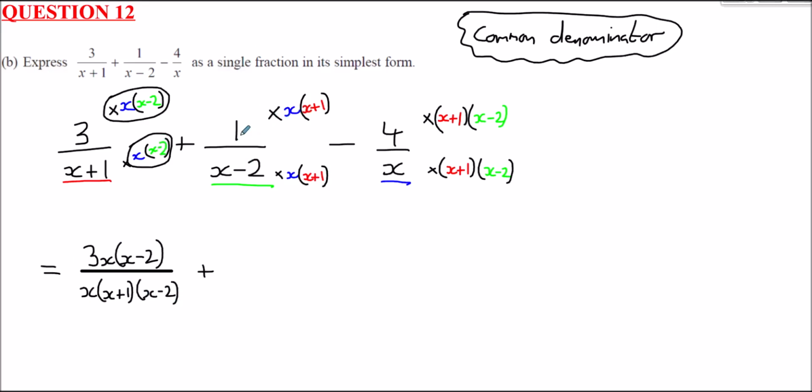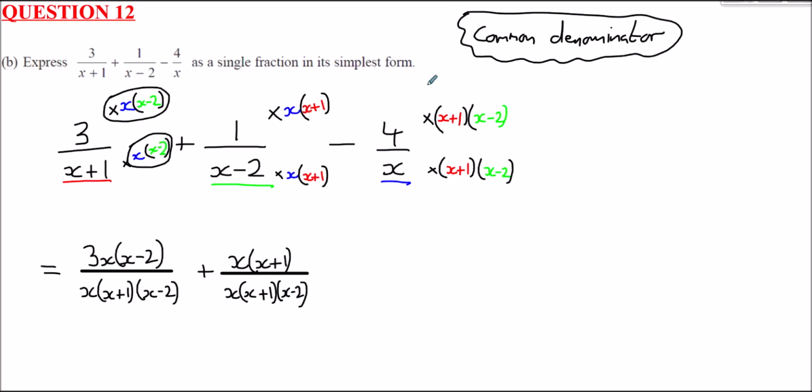Then here we're going to have 1 times x, which is just x, times x plus 1. On the bottom, again the same denominator, so it's going to be x, brackets x plus 1, brackets x minus 2.